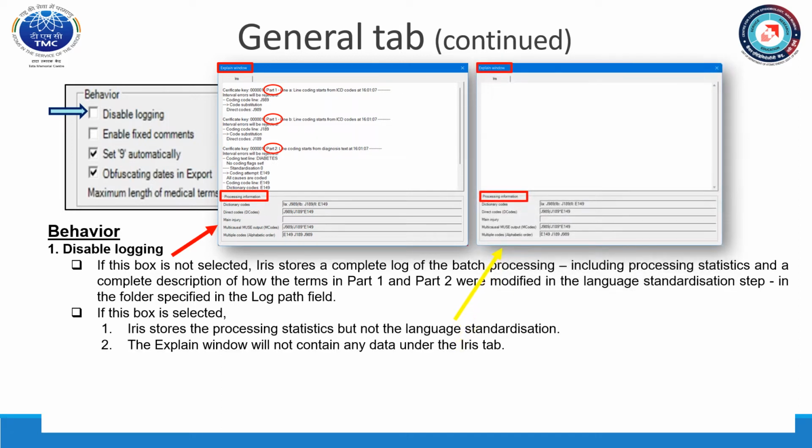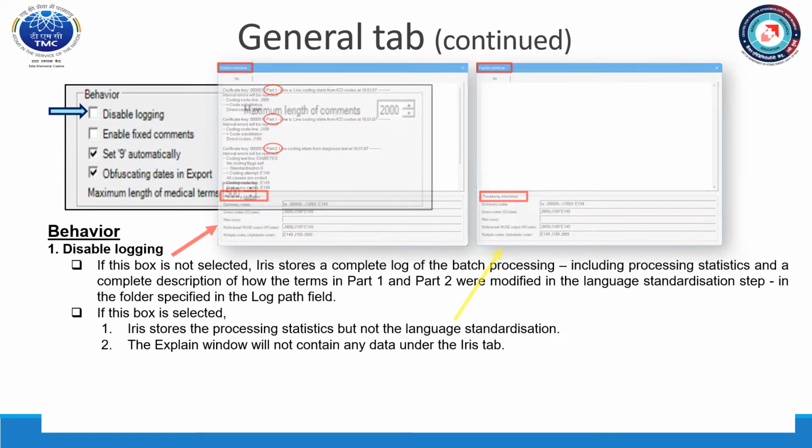When you select Disable logging, IRIS stores the processing statistics but not the language standardization. An Explain window will not contain any data under the IRIS tab.